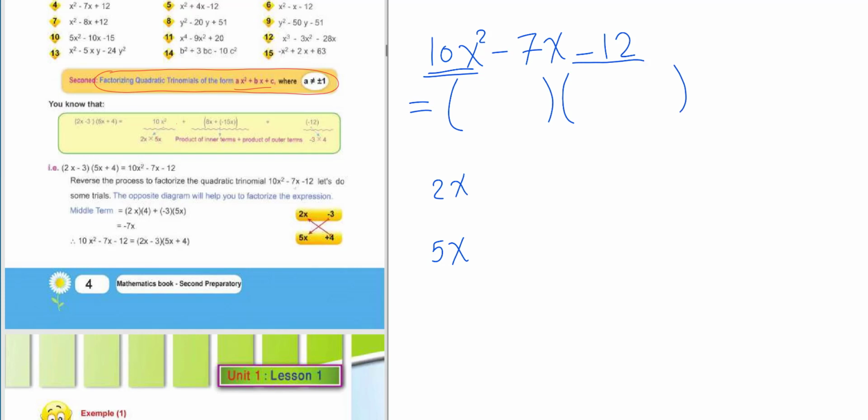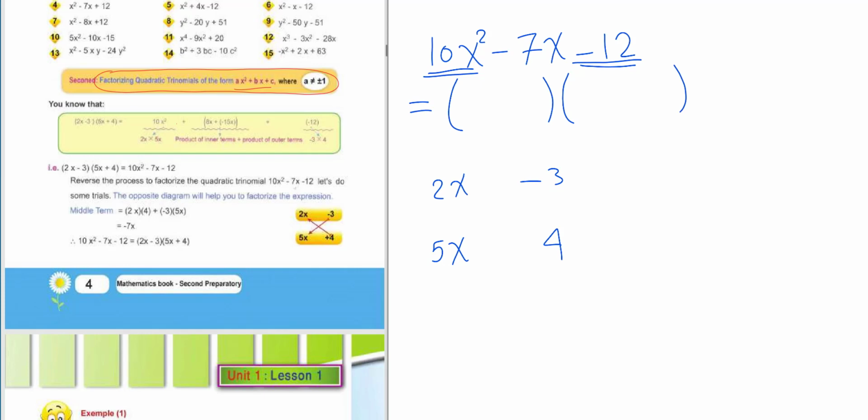Negative 12, the third term, is negative, so the two numbers have different signs. Negative 12 equals negative 3 times 4 or 3 times negative 4.